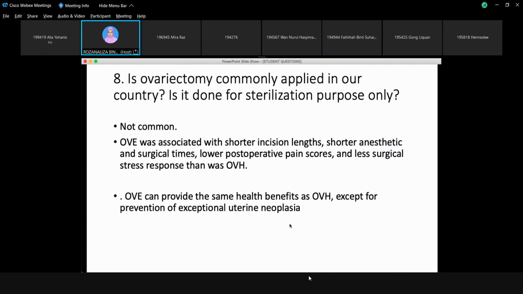OVE can provide the same health benefit as ovariohysterectomy, except that OVE does not prevent cases like those in the future.